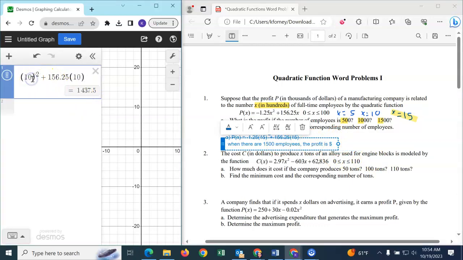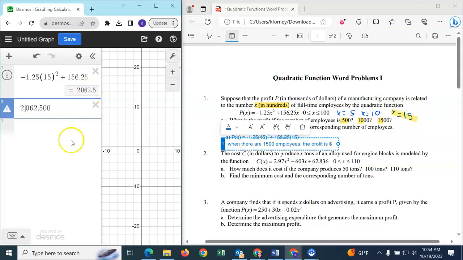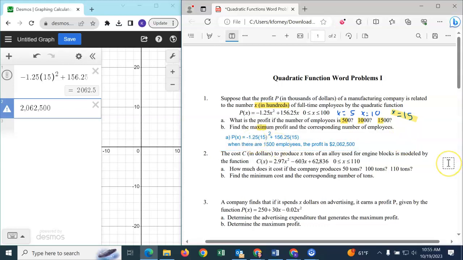So we would go in and input 15 into our formula, and we find 2,062,500 as our profit. So for A, there would be 3 parts. You would have had it with the 5, with the 10, and with the 15. So that is how we do A.